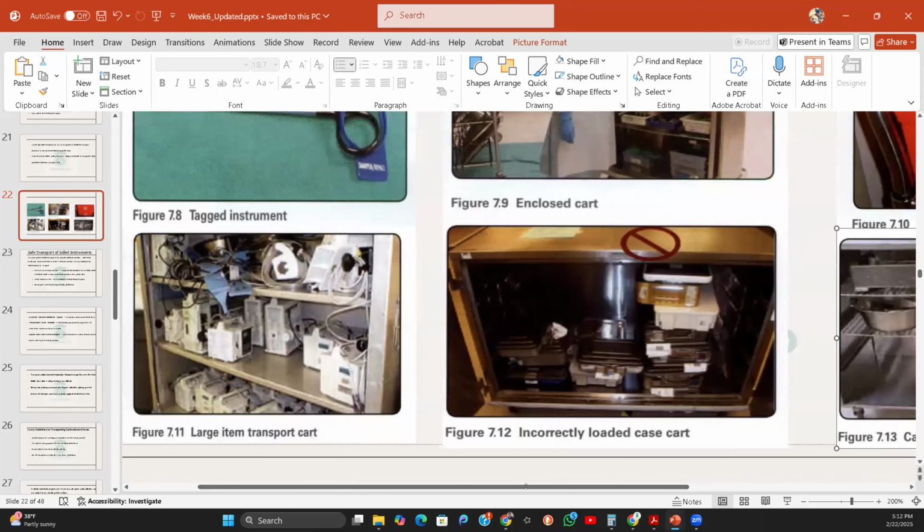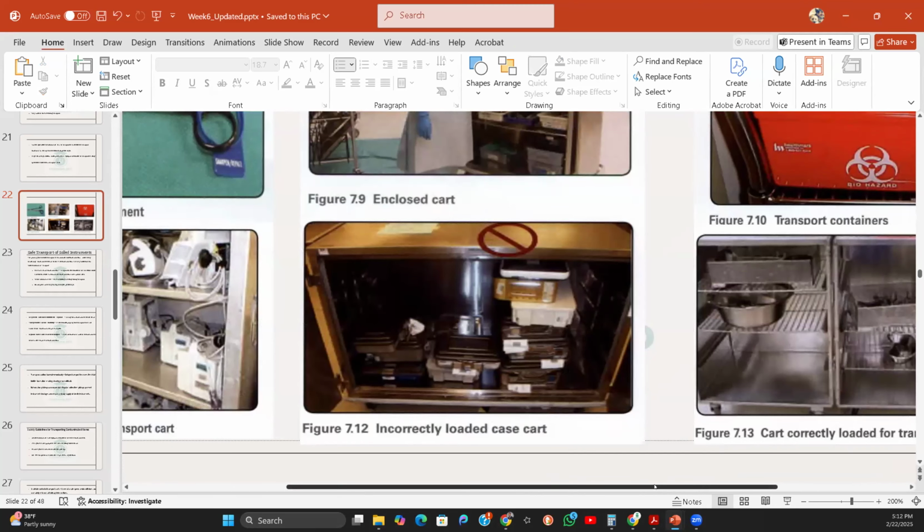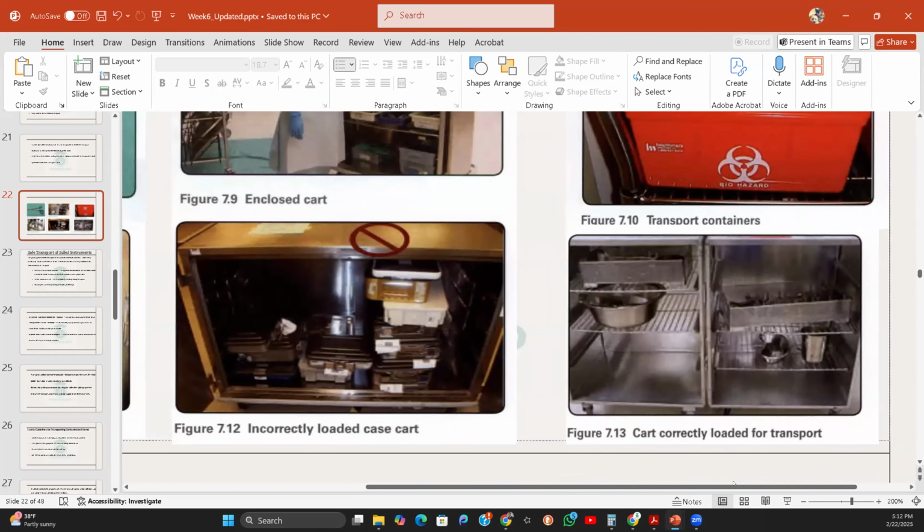You'll get to know how to wrap it, the envelope type and all those types. You'll be doing them later in the course of the work. So you wrap it, and then you use tape to hold the wrap in place, and it has to be opened such that you, the one opening, will not have contact with the basket. As soon as your hand touches the basket or the container that is having the instrument, it's contaminated.